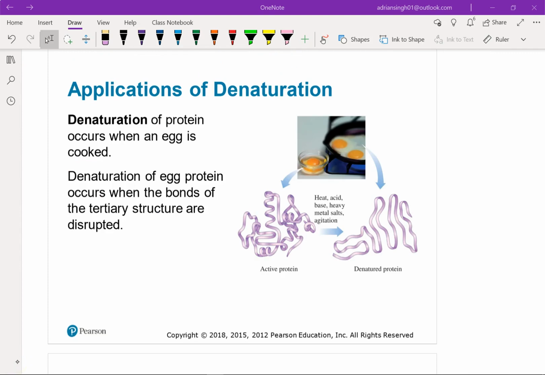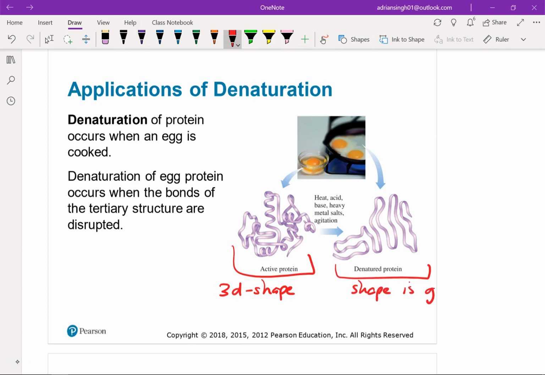All right, so as I mentioned before, when you cook an egg, for instance, you have here your egg protein, which is in its three-dimensional shape initially. When you start cooking it, that shape is gone, because you've disrupted all of those R group interactions.